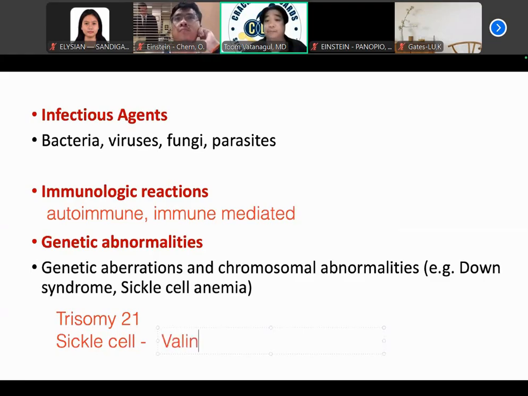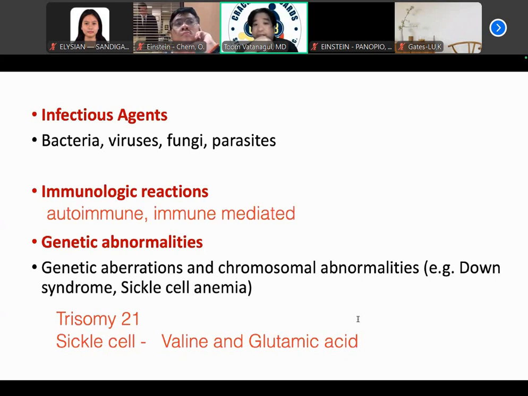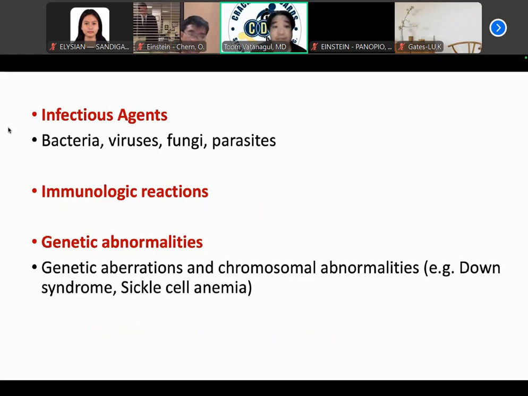So we have valine and glutamic acid. These are the 2 amino acids which are substituted in sickle cell anemia. So this is a form of a point mutation.